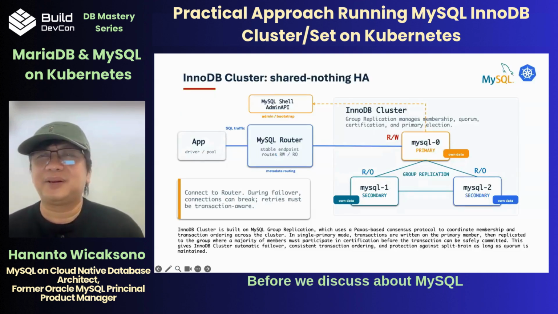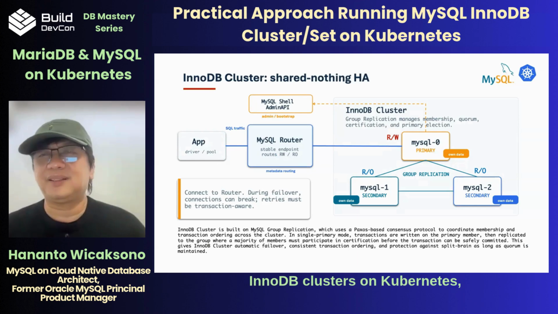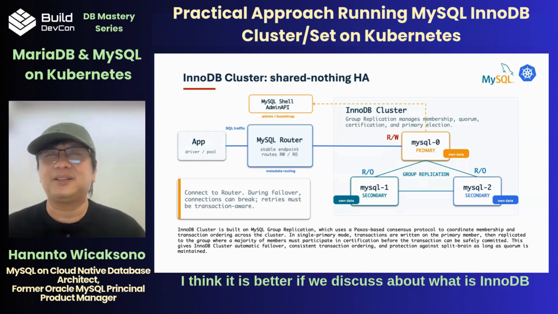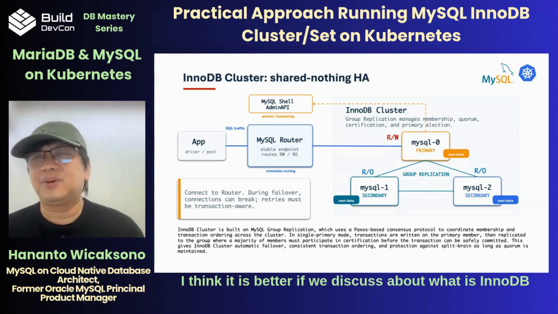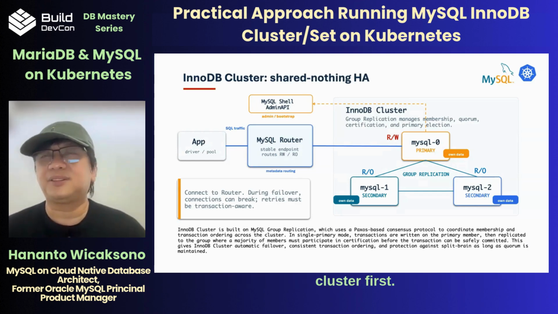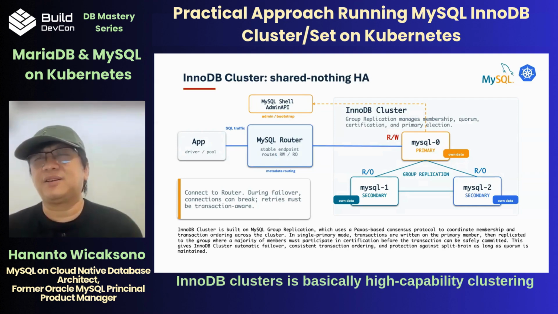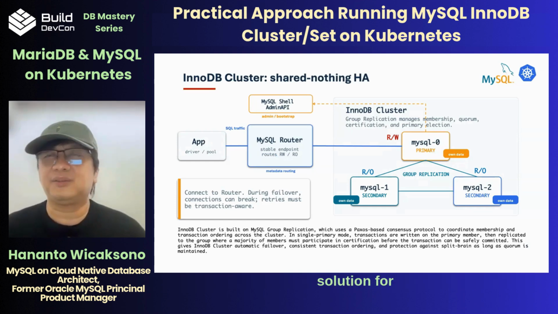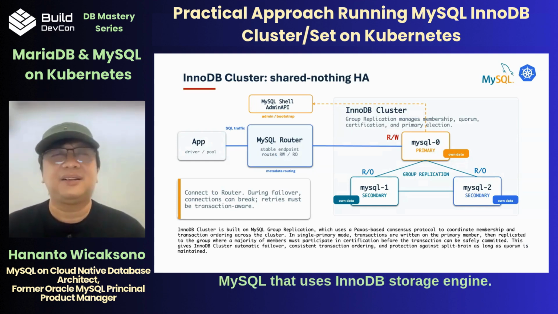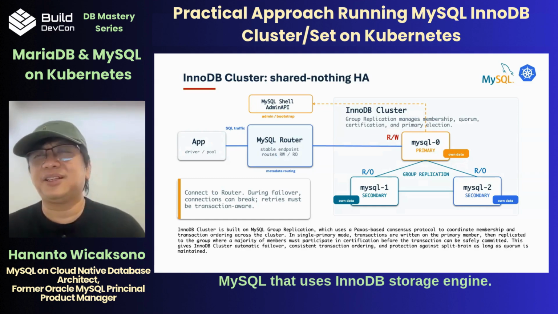Before we discuss MySQL InnoDB clusters on Kubernetes, I think it is better if we discuss what InnoDB cluster is first. InnoDB cluster is basically a high availability clustering solution for MySQL that uses the InnoDB storage engine.